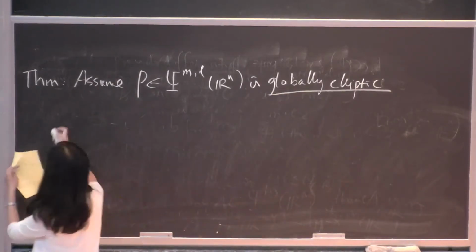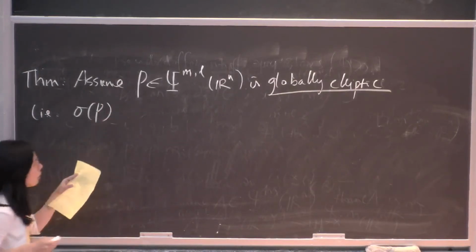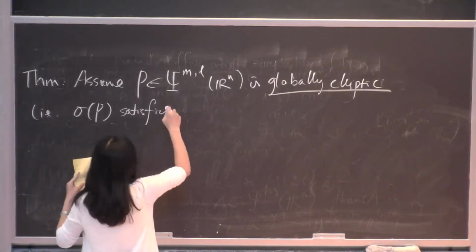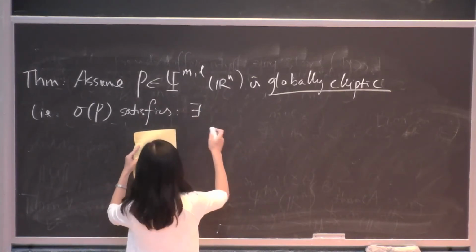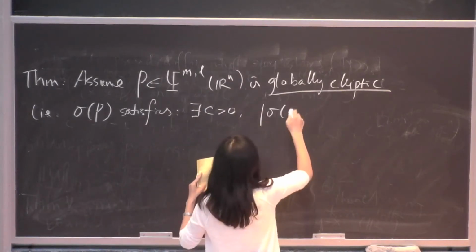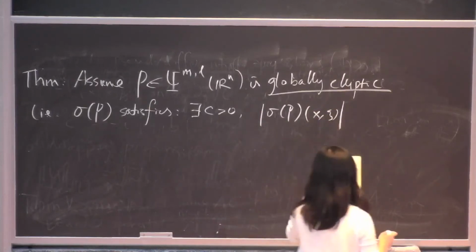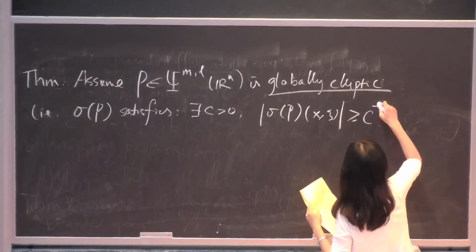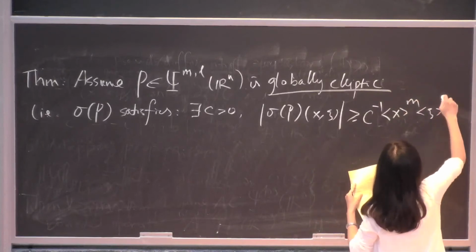So, i.e., the principal symbol of this operator satisfies the usual elliptic condition in this symbol class: there exists a positive constant such that this elliptic symbol, evaluated outside a compact set, is uniformly bounded below by <x>^m <ξ>^l.